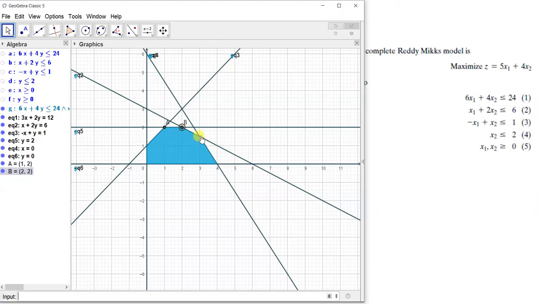So we have this point. Now we have to find this point, and this is equations 1 and 2.